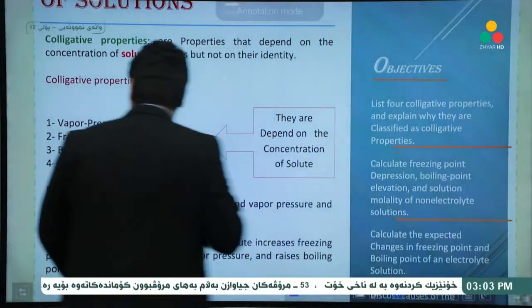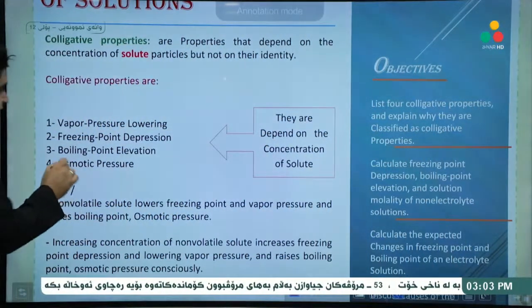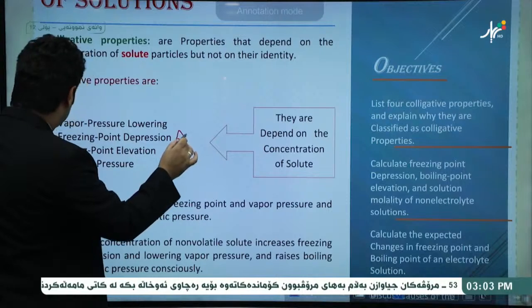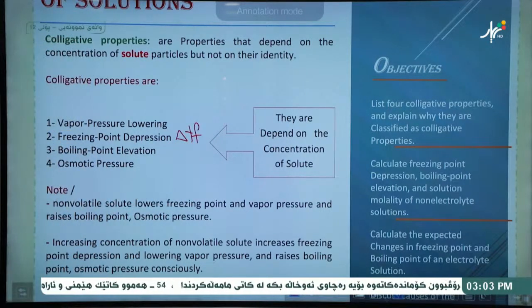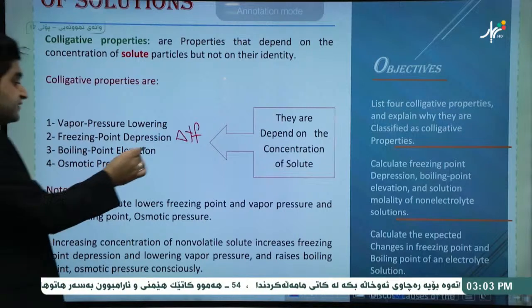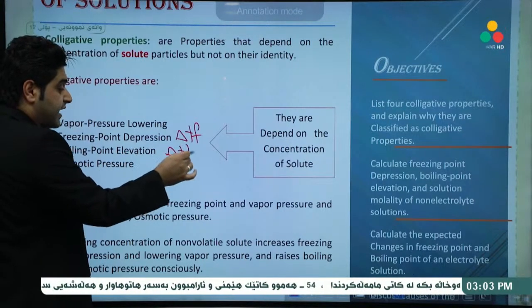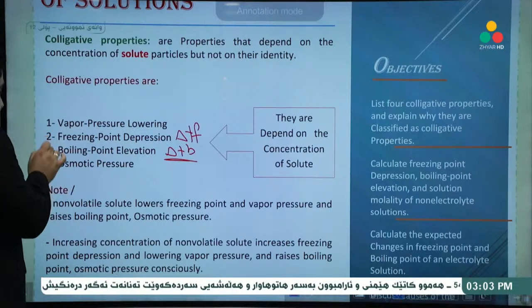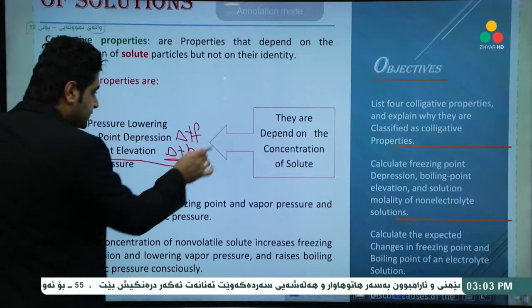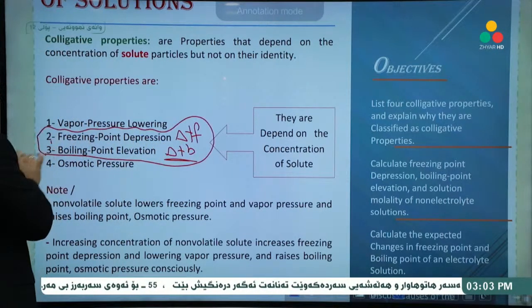But for now, it's very important to know that we have delta TF as the symbol of freezing point depression, and delta TB as the symbol of boiling point elevation. We will study those two mathematically.